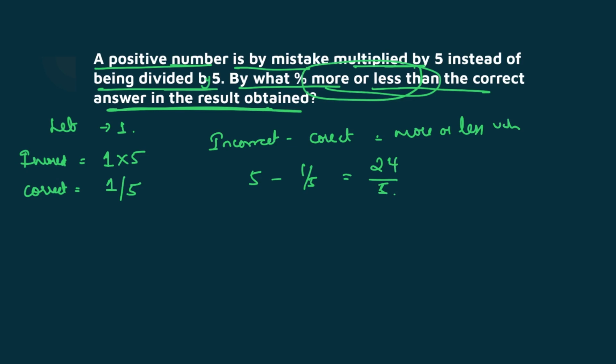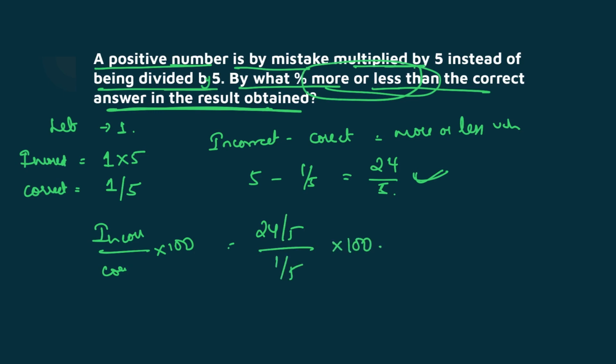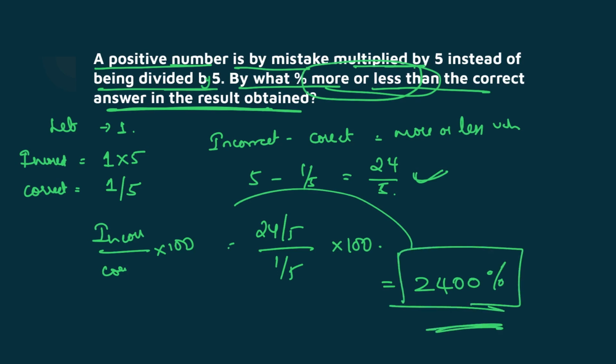So now use the formula incorrect by correct into 100, 24 by 5 divided by 1 by 5 into 100. So after substitution, the total value will be 2400%. So 2400% is more or less the correct value obtained.